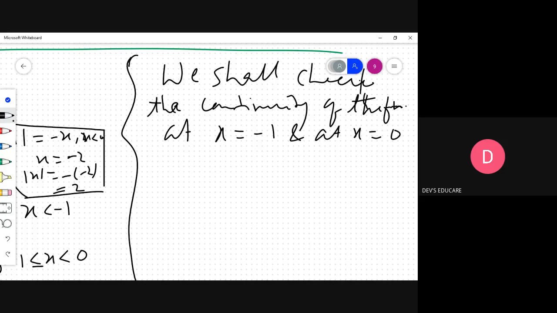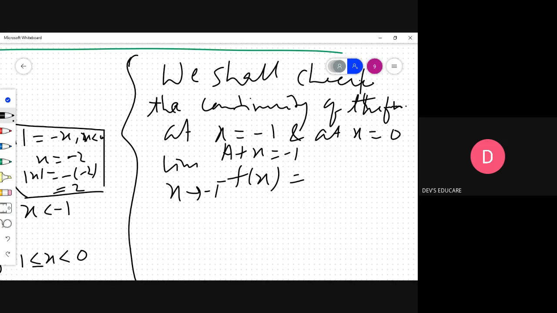So we have g(x). First at x equals minus 1, limit x tends to minus 1 minus of f(x). You can do it directly because it is already a very lengthy question.